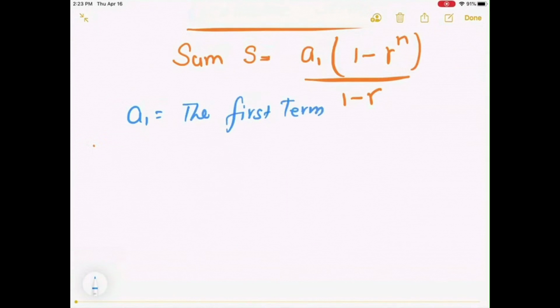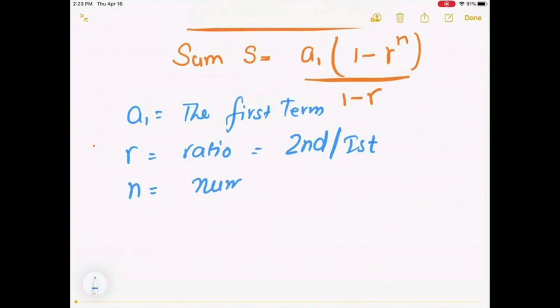Then you have to have a ratio r, which we will find by dividing the second term by the first one. And the last thing you need is n, which is the number of terms. If you have all three variables in this equation, you just have to plug everything in and then evaluate the sum.